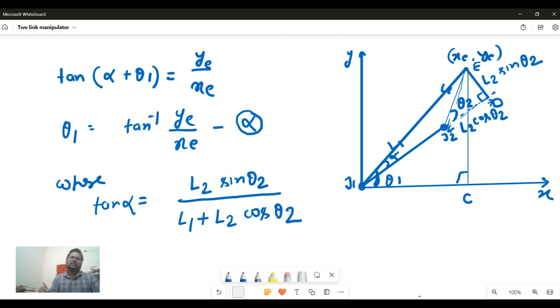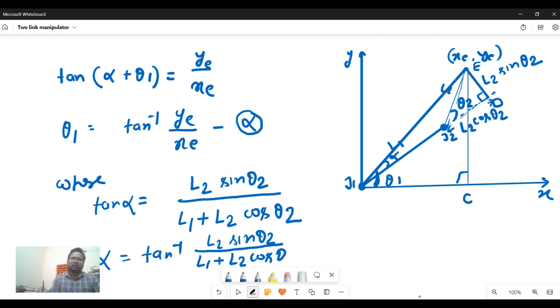So alpha is equal to tan inverse of L2 sin theta 2 divided by L1 plus L2 cos theta 2.